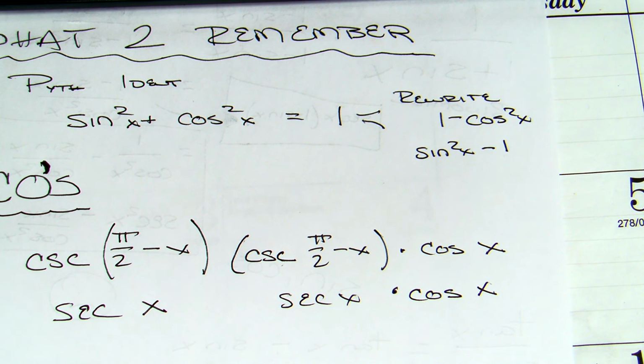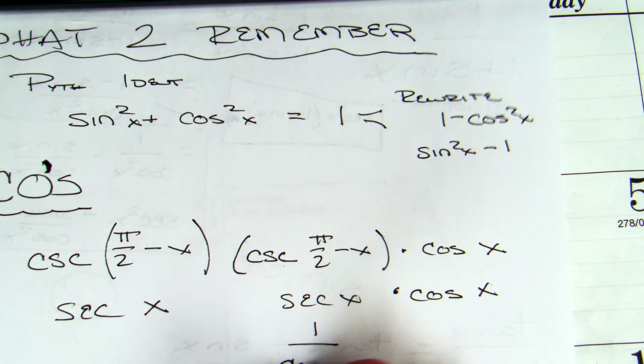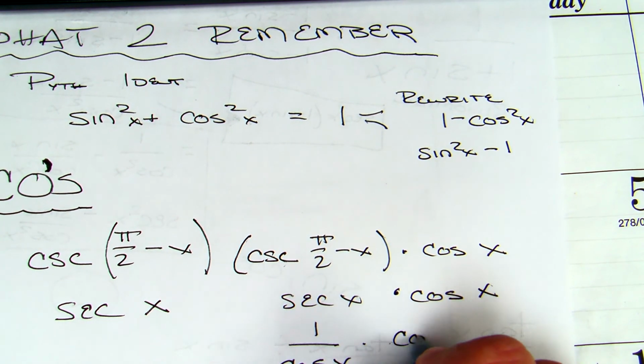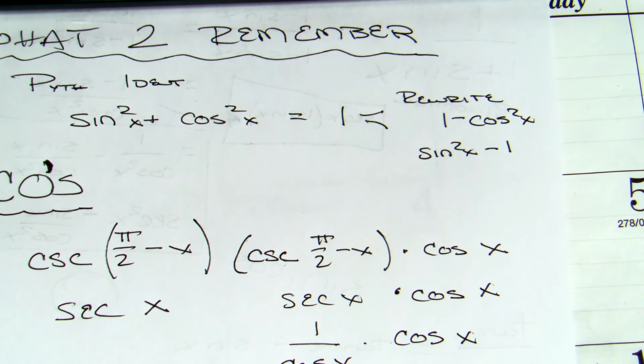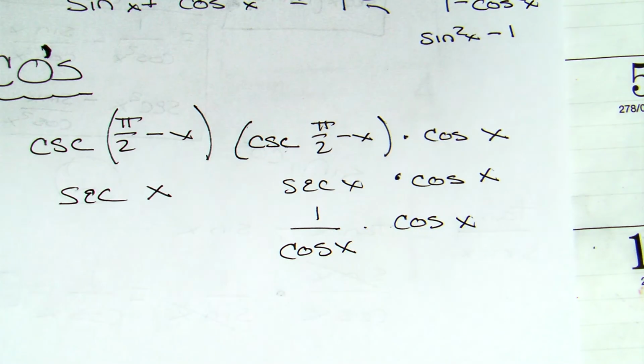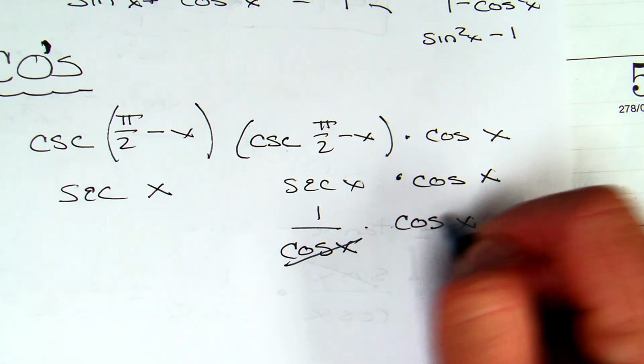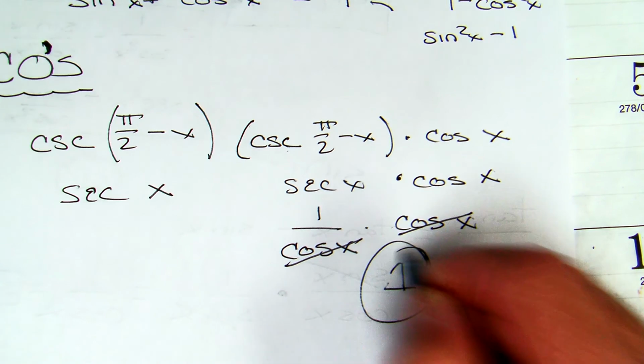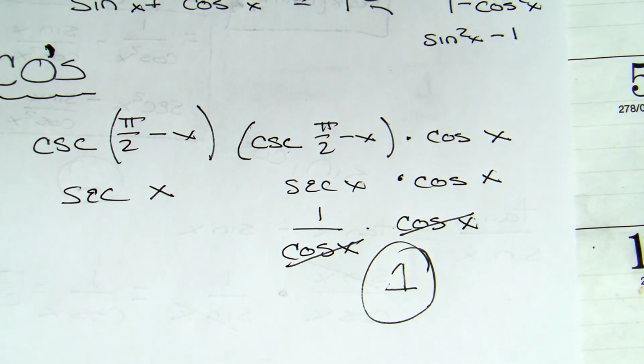Then I would expect you to recognize that secant is 1 over what? Cosine, times cosine x. And then what do the cosine x's do to each other? And that leaves you with 1. That's the difference between 100 and not 100. Being able to do that. Okay?